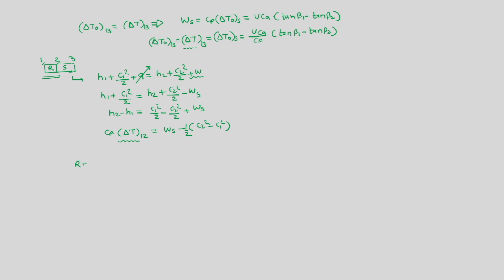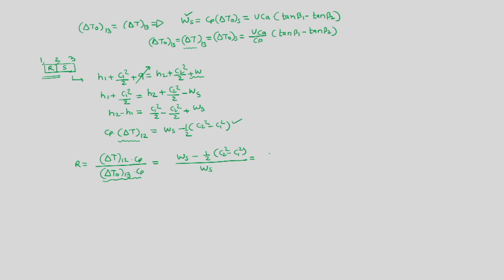Now R is equal to delta T 1 2 divided by delta T naught 1 3. We can multiply both sides by Cp, so we get Cp into delta T naught 1 2 divided by Cp into delta T naught 1 3. So we can write it as Ws minus half of C2 square minus C1 square, divided by Ws.